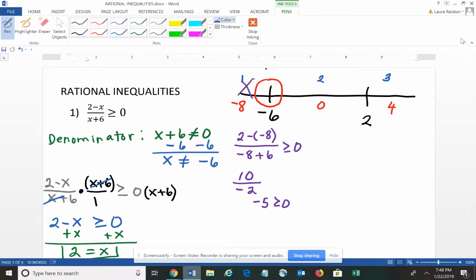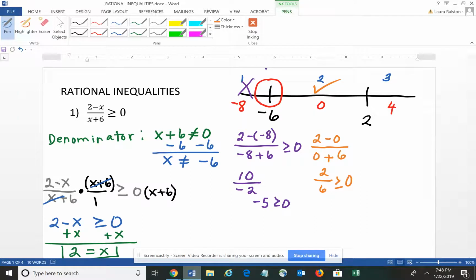I'm going to come back and start over, and this time I'm going to do the 0. So I would have 2 minus 0 over 0 plus 6. So I have 2 over 6, or 1/3, which is greater than or equal to 0. So that region works.